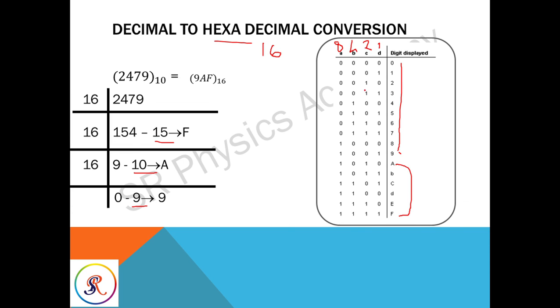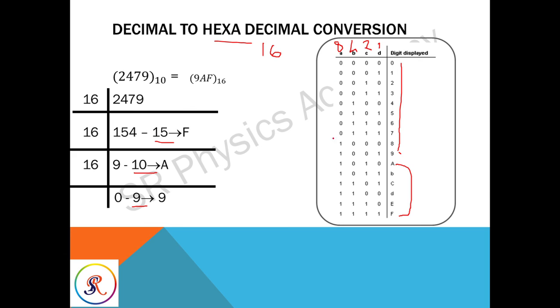How are we writing the truth table? First 8. 8 means, because here we know the hexadecimal base is 16. So 16 divided by 2, that means 8. Again 8 divided by 2, 4. 4 divided by 2, 2. Then we got it. So that's a code we call the 8421 code.